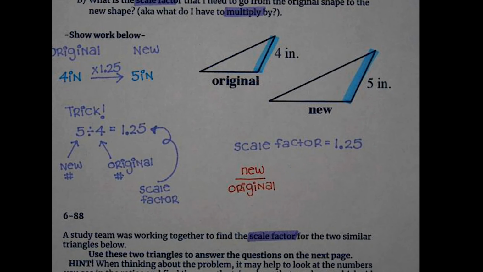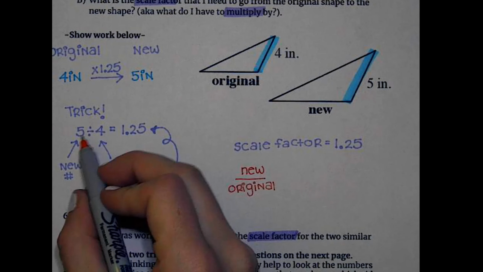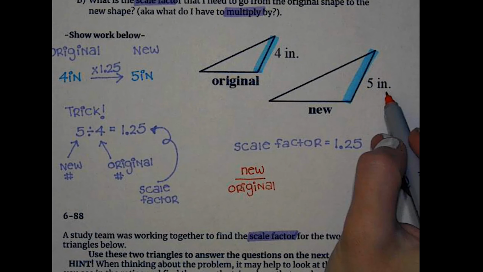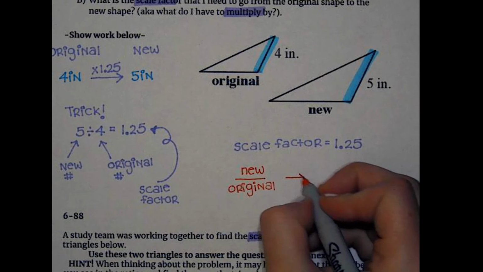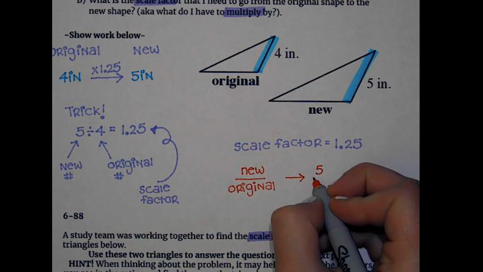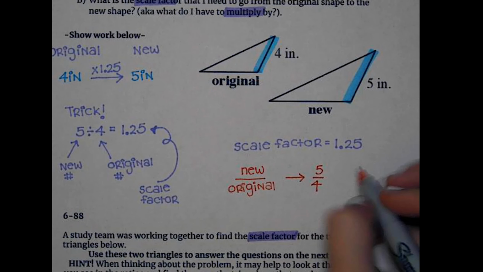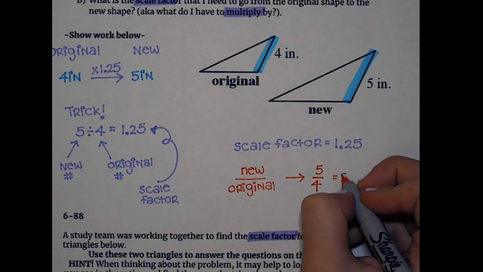And what I mean by that is right here, 5 divided by 4, we took the new length and we divided it by the old length. Right? And we found our scale factor.